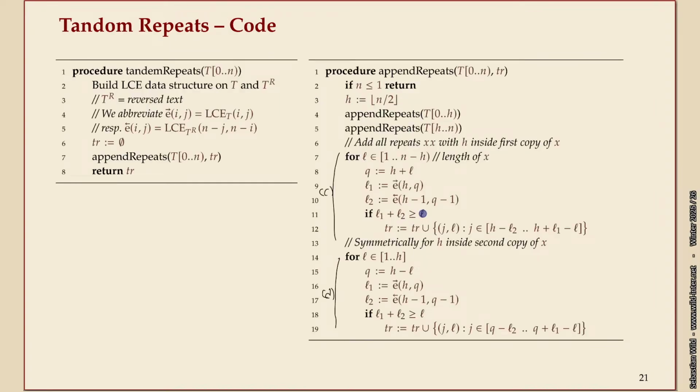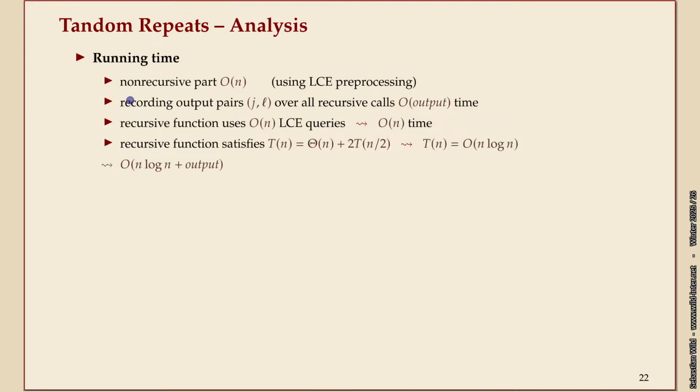So if these overlap, then for every starting position in this overlap range, you have one tandem repeat. So in the worst case, you could have n squared of these pairs, and then you'll have to pay for it. That's why this says recording all output pairs takes on the order of the number of such pairs time over all the recursive calls combined.